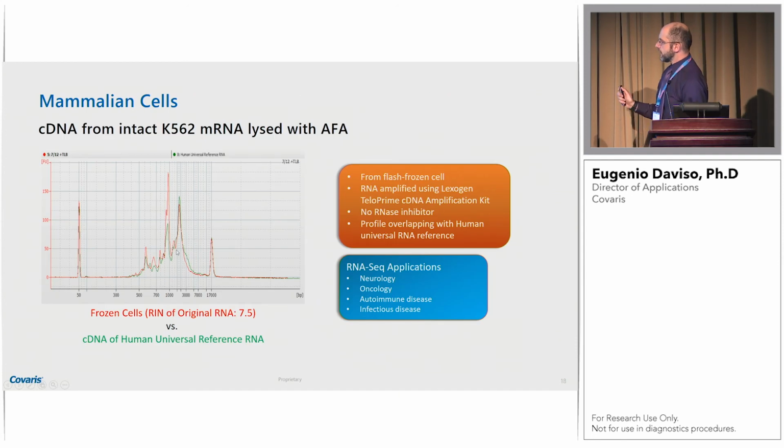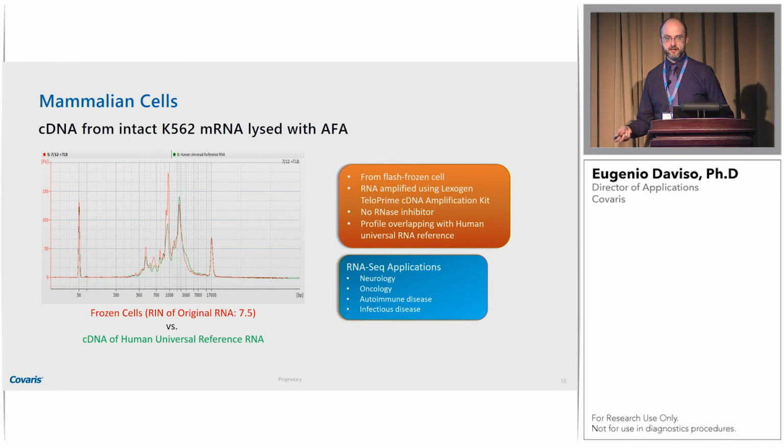So the nice thing about this extraction is that the RNA I just showed you was amplified using the Lexogen TeloPrime cDNA amplification kit that amplifies only messenger RNA that is intact, that is capped on one side and has a poly A tail. After that, we ran the amplified cDNA on top of the human reference RNA, which we bought commercially, and they overlap almost perfectly.